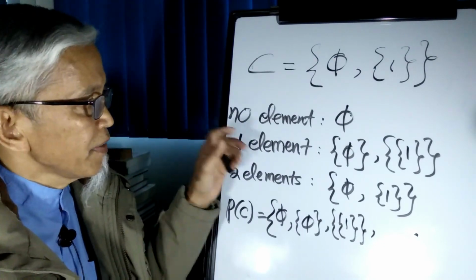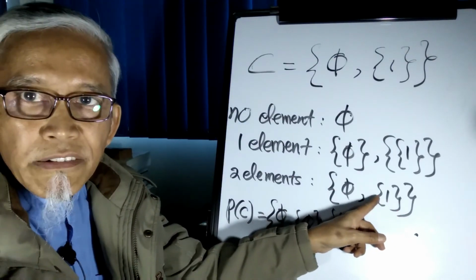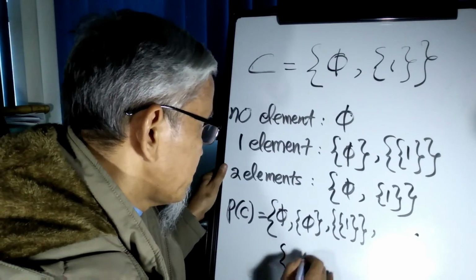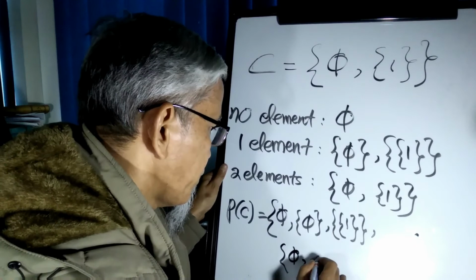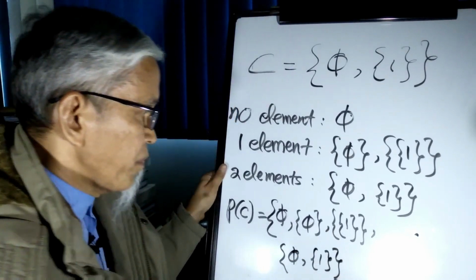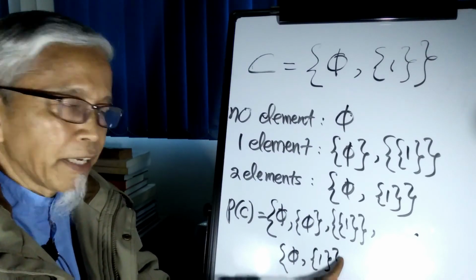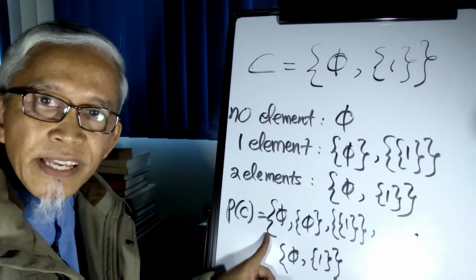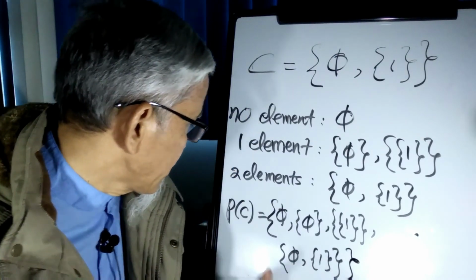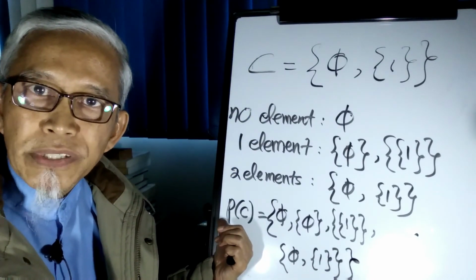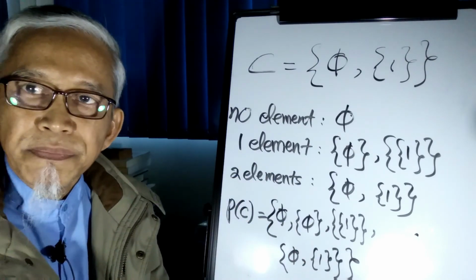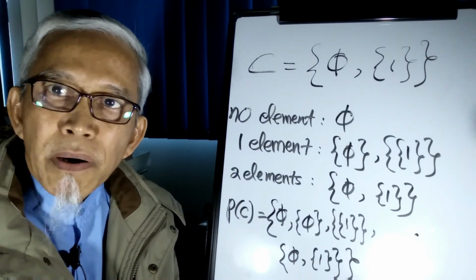And lastly, the set C itself. And then we have to close the bracket. This is the opening, and this is the closing. That's the closing bracket for the power set. This is the example of how we write down the power set of a set.